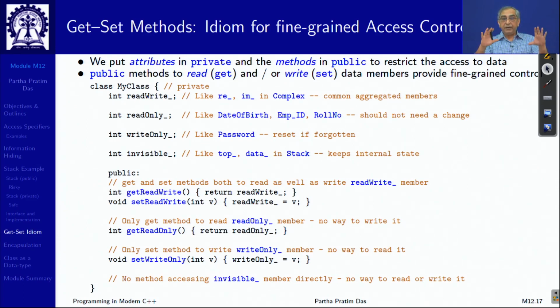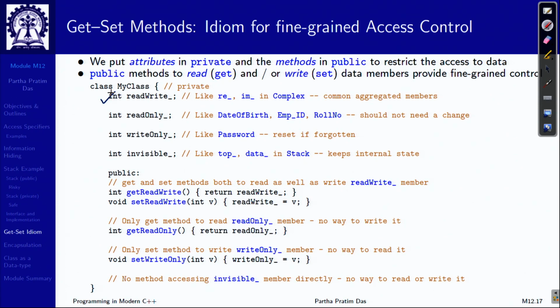If everything is private, then nobody can read the data. So, I have to provide specific public member functions to let the application program read or write or make changes to the data members as needed. There can obviously be different situations. Some data members are both read and write, like the case of complex you saw.